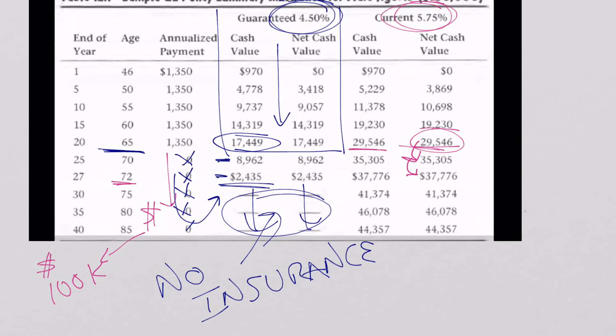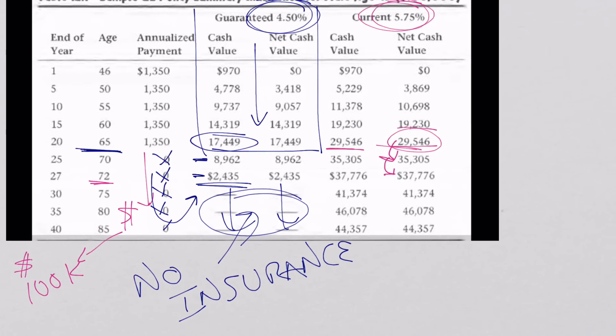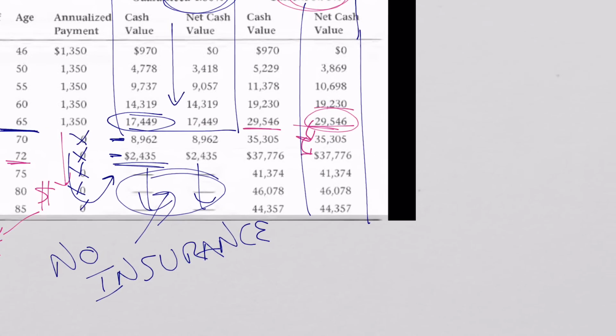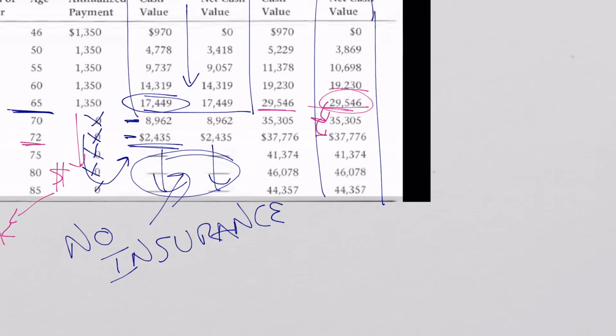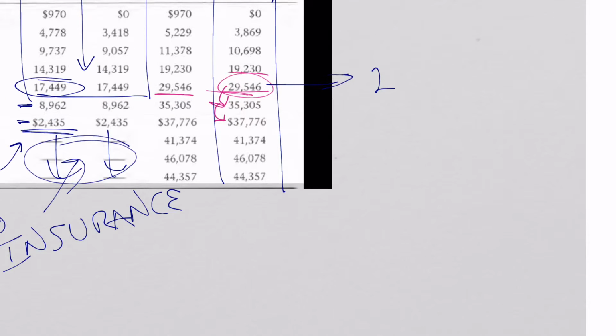Now, what I wanted to point out as well is that over here, if the policy does at least this illustration of the 5.75%, let's pick a good year. Let's pick age 65, the year of potential retirement. So there's, let's call it, $29,500 of cash value inside the plan.